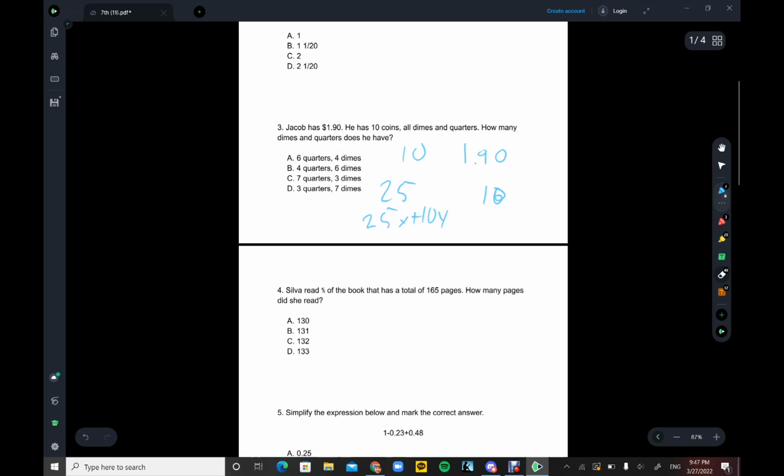So this equation is 25x, which would be the number of quarters, and 10y, which would be the number of dimes, which equals 1.9. Or since it's in coins, you have to multiply it by 100, so you get 190.